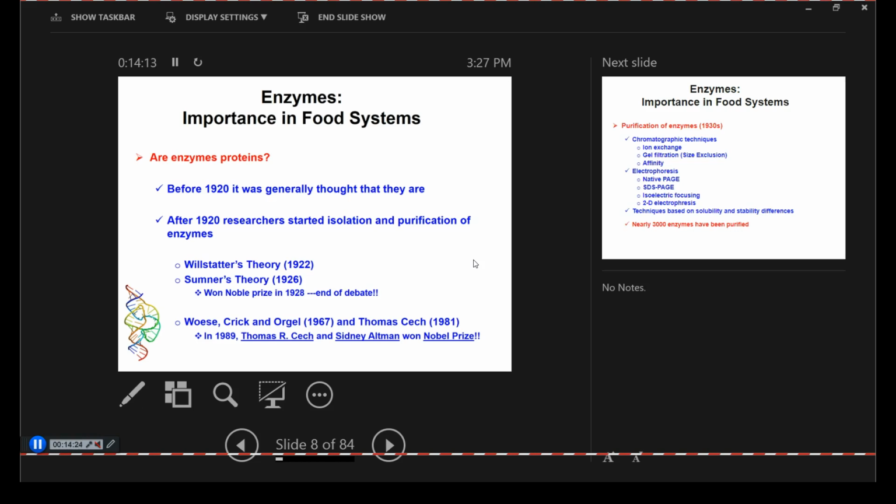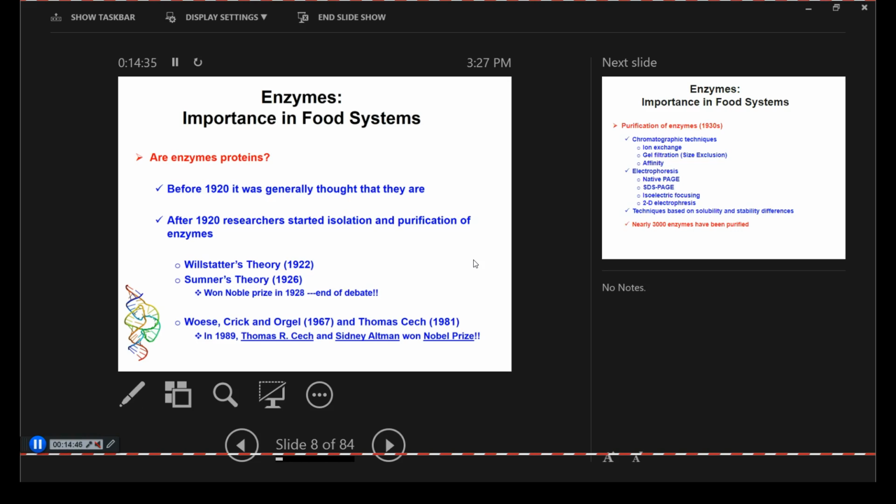And then later on, Sumner, who was a scientist from Cornell University, isolated another enzyme, urease, and they were able to crystallize that urease and determine it was a protein. So later on, obviously, who won?